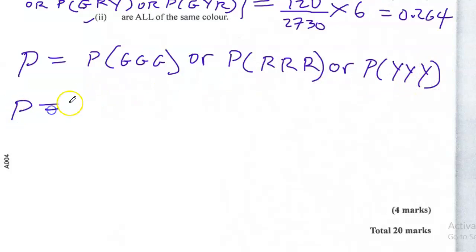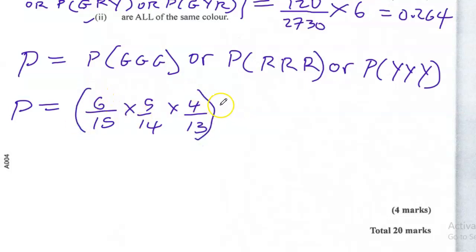So green, green, green would be, remember, 6 greens. On the first draw, 6 over 15. Second draw, 5 over 14. The third draw, 4 over 13.